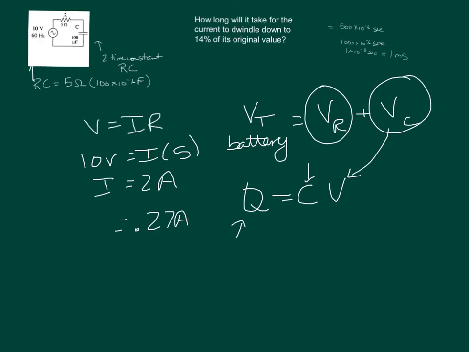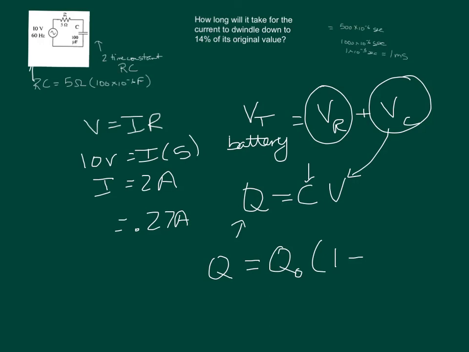So we had the 37% and the 14%. Instead of using those numbers, we're going to use the bigger numbers, the 86% and the 63%. We're going to use those numbers instead, because the charge is equal to the initial charge times 1 minus.